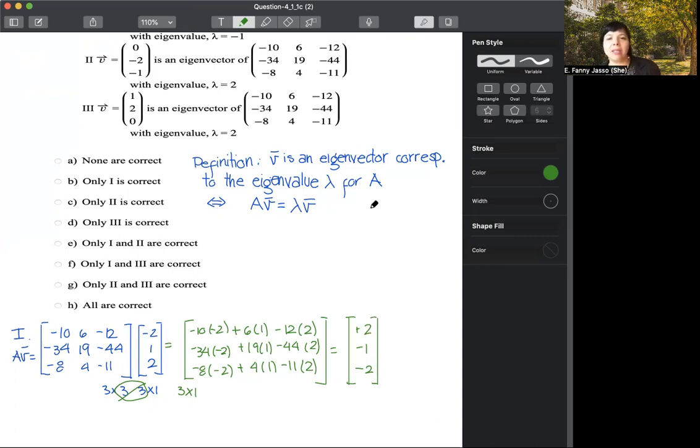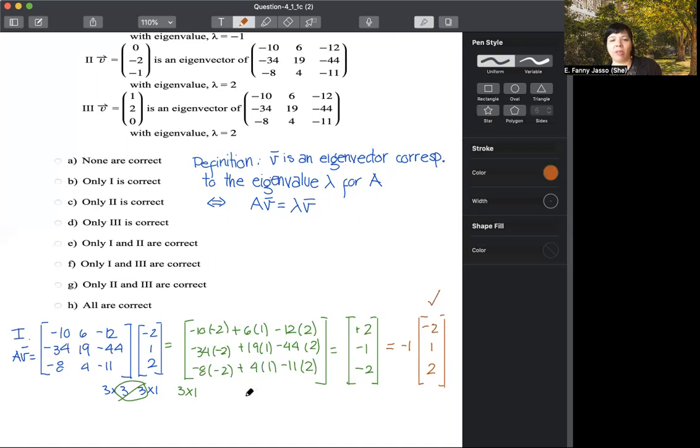The question is, is it true that this is equal to lambda, which is -1, times this vector -2, 1, 2? And the answer is yes, because this is just switching the sign, and indeed that gives me this.